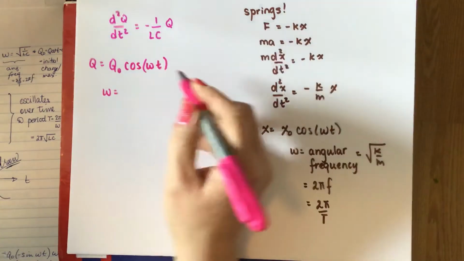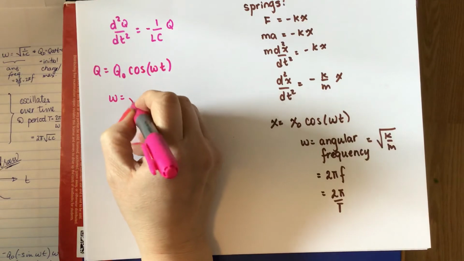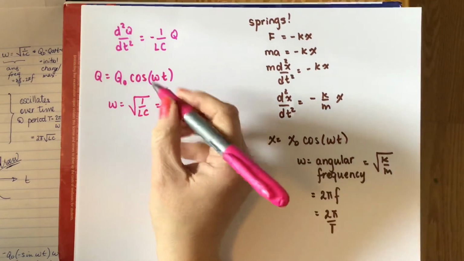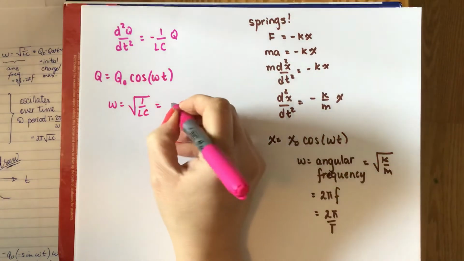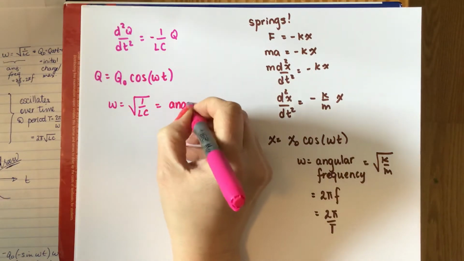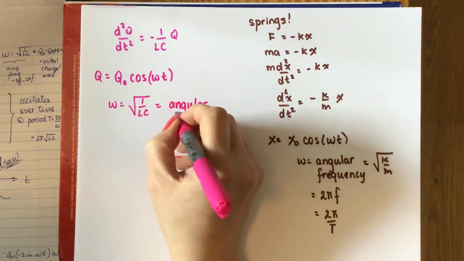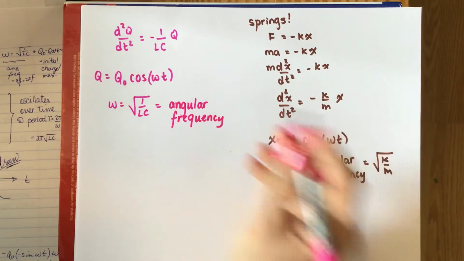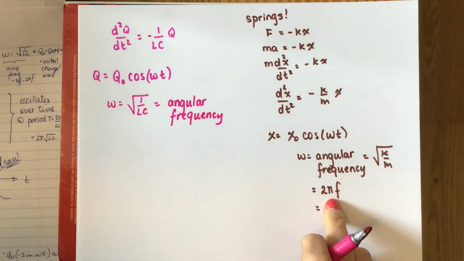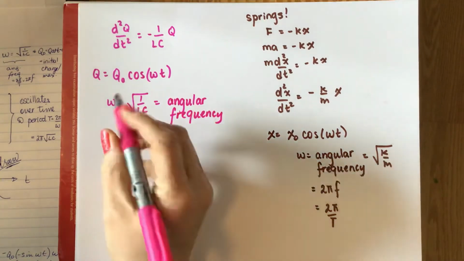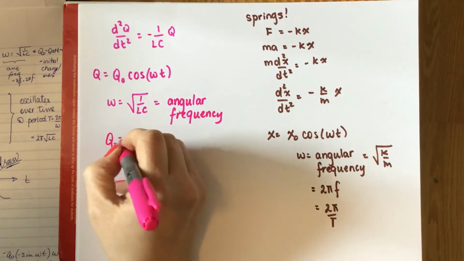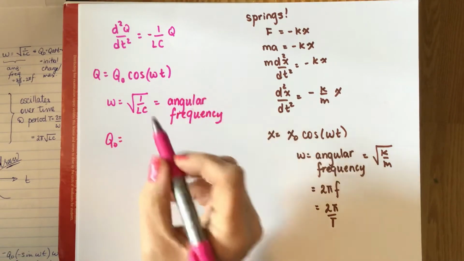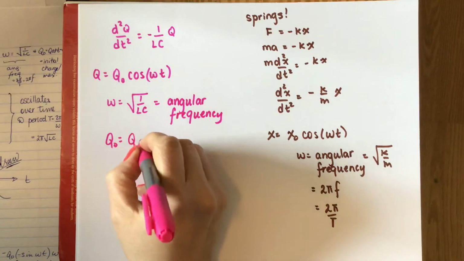Here it's going to be root 1 over LC. And that's the angular frequency of our discharging circuit. It's going to have the same relationships of 2 pi f and 2 pi over T. And q0 is the charge at time equals 0, and it's going to be the initial charge or the maximum charge.